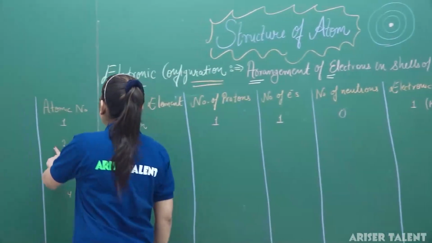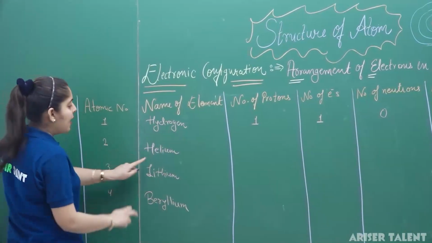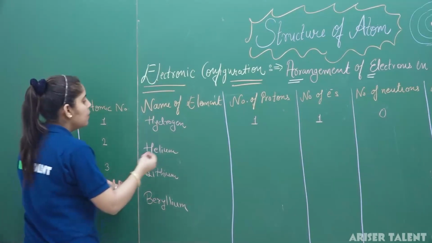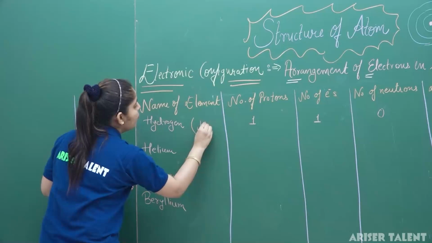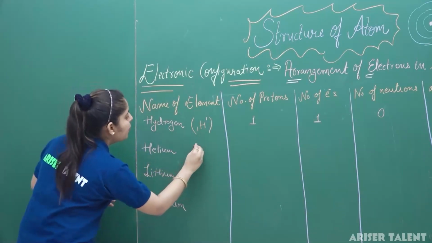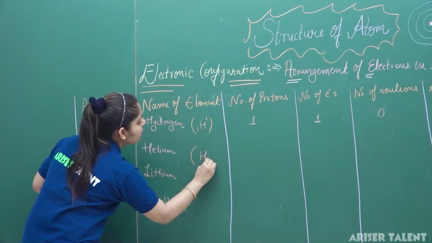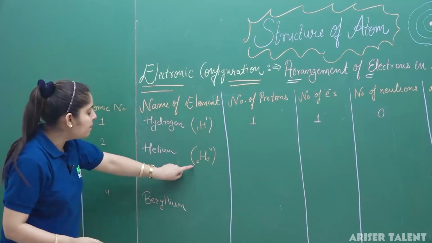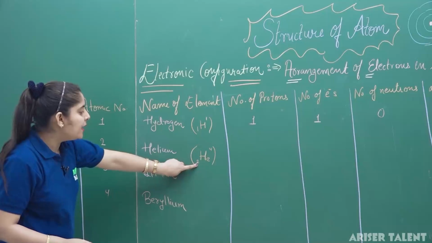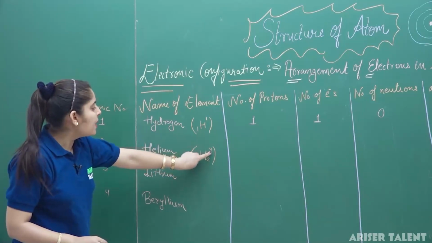Now we have atomic number 2 and the element here is helium. So for hydrogen we can write 1H1 and for helium we have 2He4. It means the atomic number for helium is 2 and its atomic mass is 4.